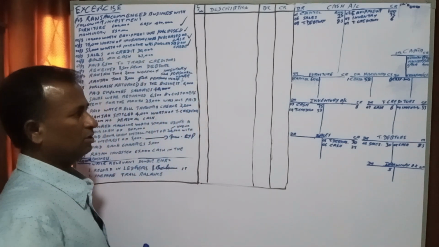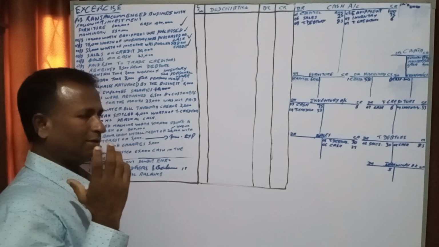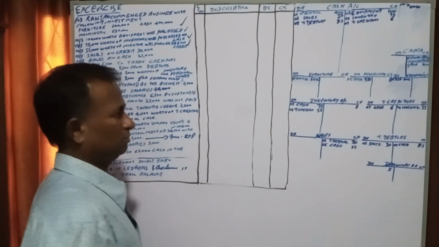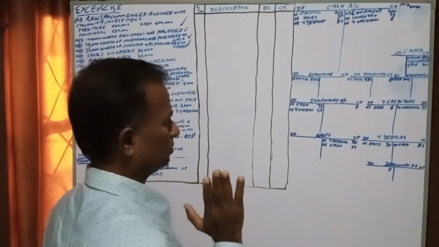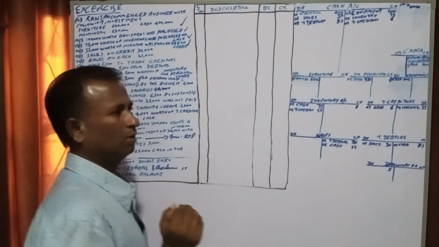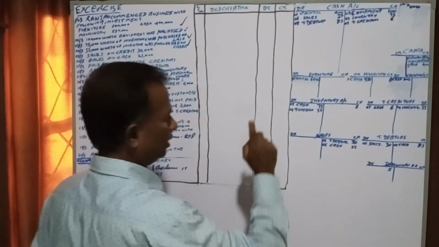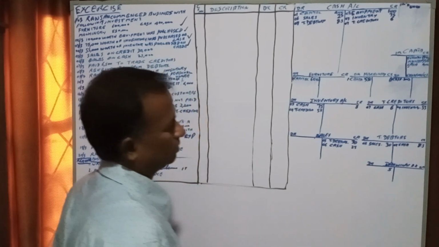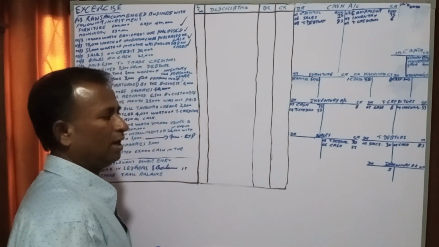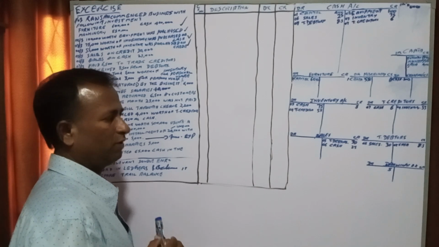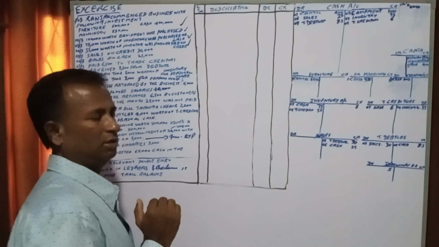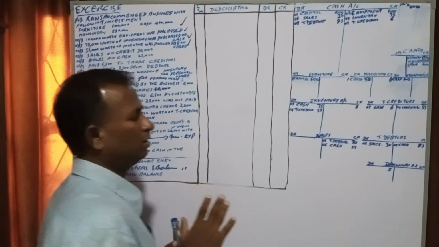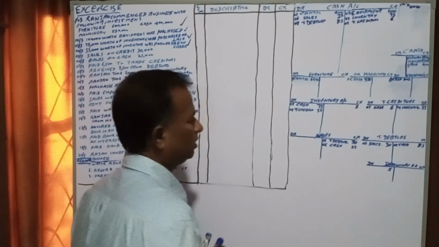Inventory is taken away by the owner, so inventory has gone out, so there is a decrease in the assets, then inventory has to be credited, and the owner's drawings is increasing, so it has to be debited.